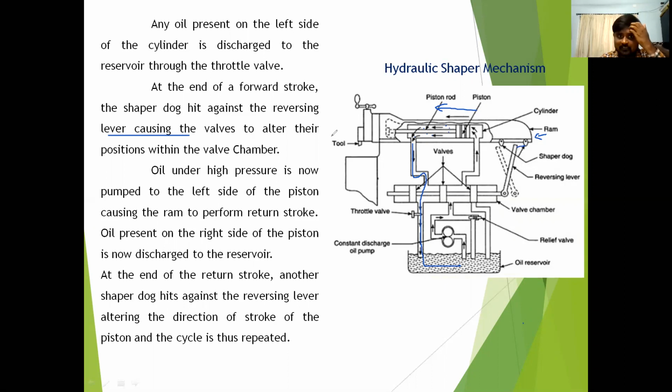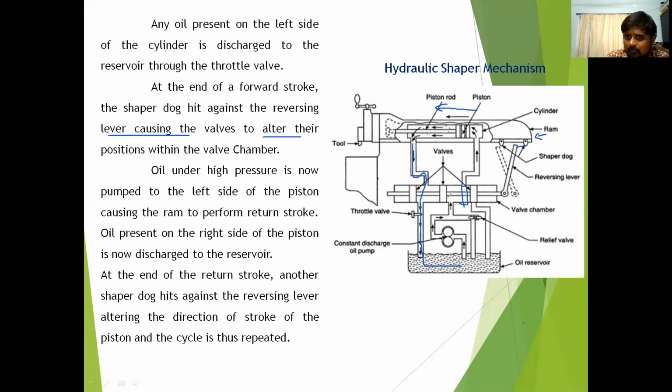Once after hitting the reversing lever, all the valves alter their positions. The lever causes the valves to alter their position within the valve chamber. Immediately when the shaper dog hits the reversing lever, this valve will come to this position and close, and this valve will be open.